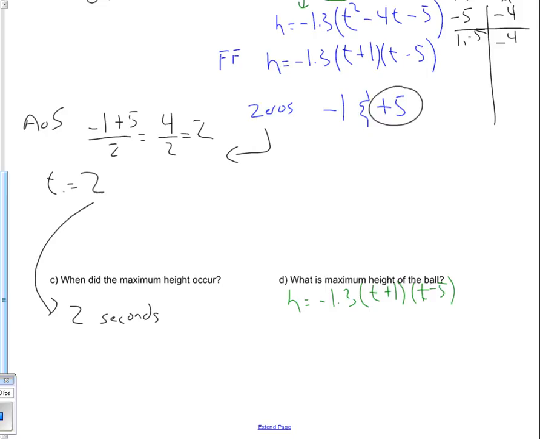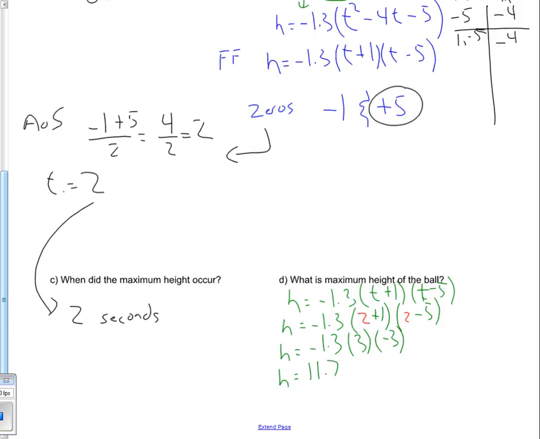So if I substitute in, I get h is equal to negative 1.3 times 2 plus 1 times 2 minus 5. So h is going to equal negative 1.3 times 3 times negative 3, and that's going to equal 11.7.